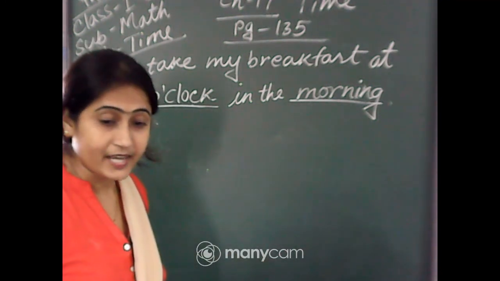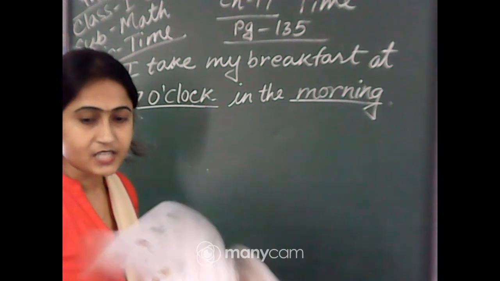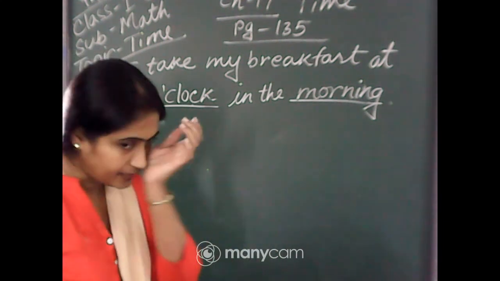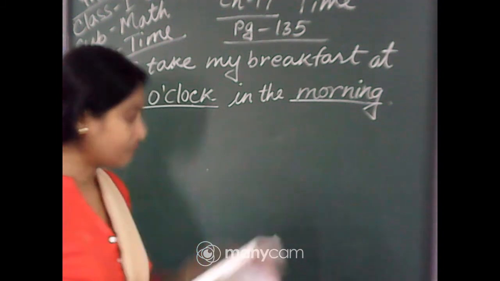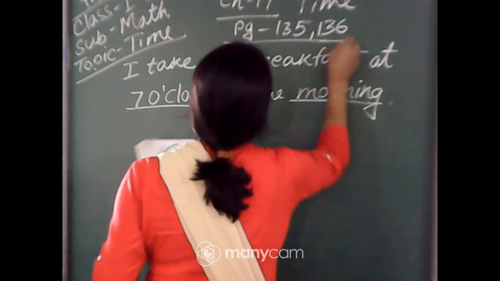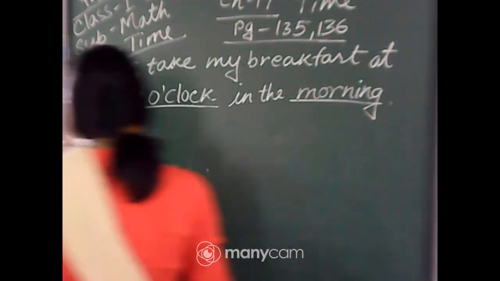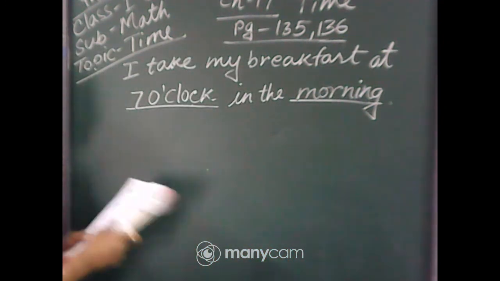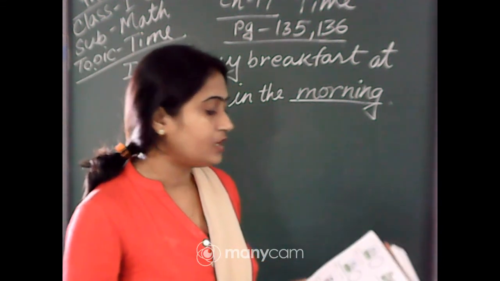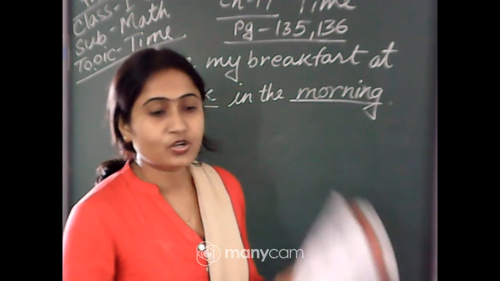Now turn over the next page. You all please turn over the next page. Okay, fine, very good. Turn over the next page, page number 136. I go to school at dash in the morning. I go to school at 8 o'clock.